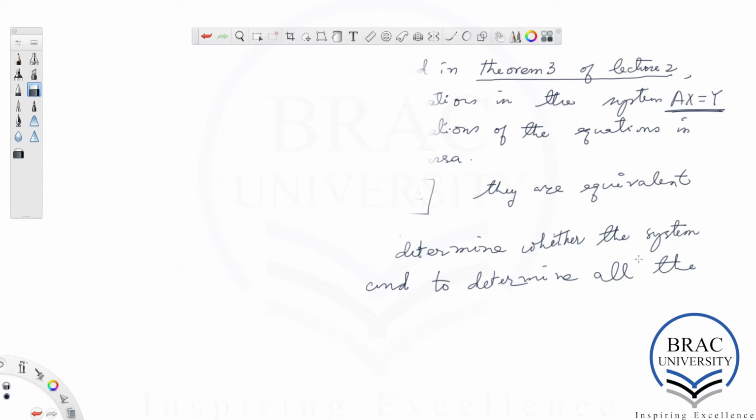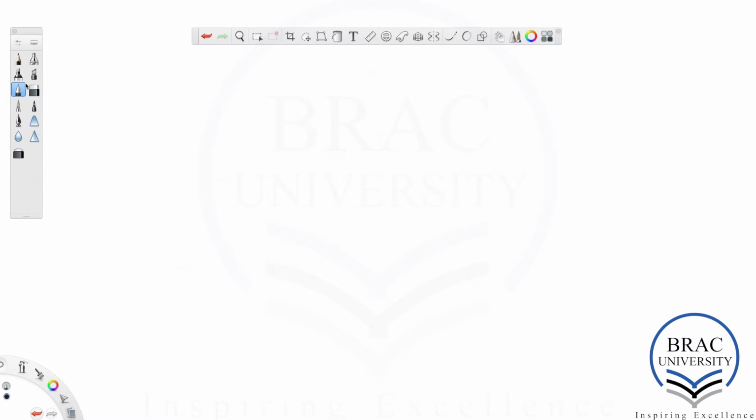Let me erase everything. So let us get back to R, the row reduced matrix that we find from the matrix A after a finite sequence of elementary row operations.